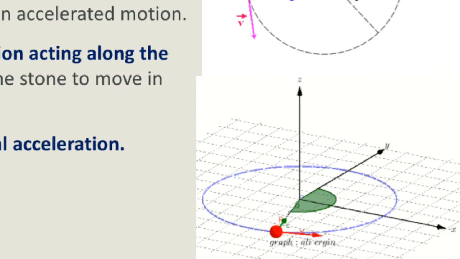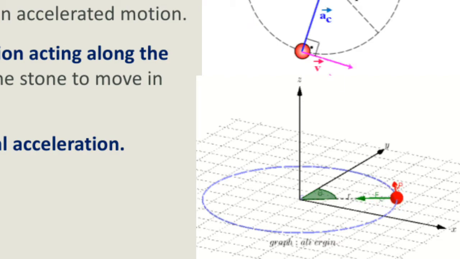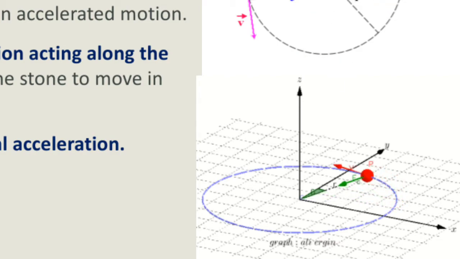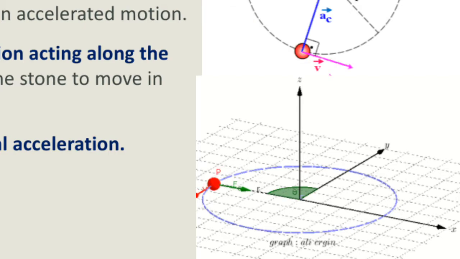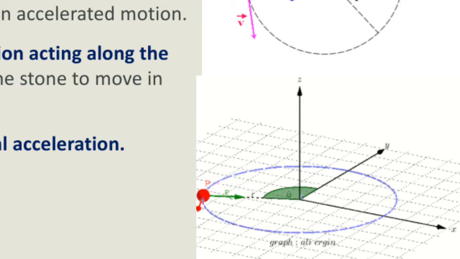Here you can see the green color arrow represents the direction of force. Always remember, the force will always be along the direction of acceleration.